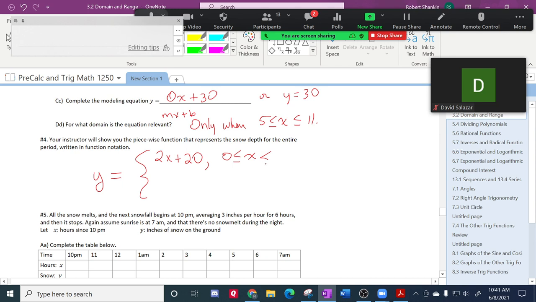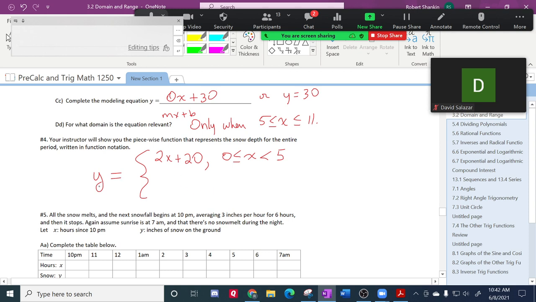Now I could put less than or equal to here. But if I put less than or equal to here, then I'd have to take out the equal sign over here. It doesn't really matter which one has the equal sign, but we can't let both of them have the equal sign, because we have to have specific instructions. Use one equation for one set of the inputs, and use the other equation for the other, and have no overlap in these numbers.